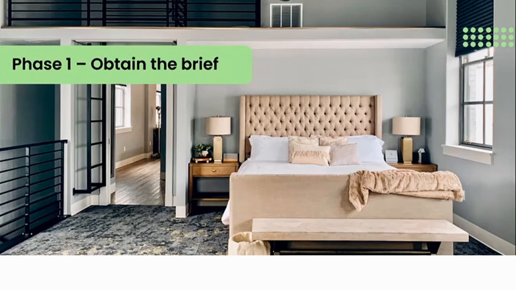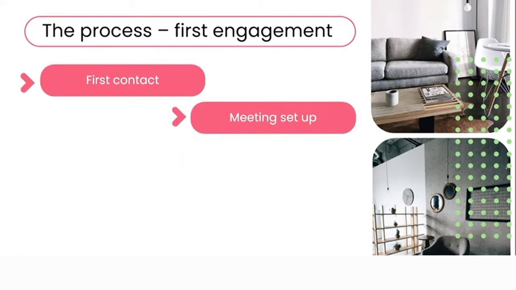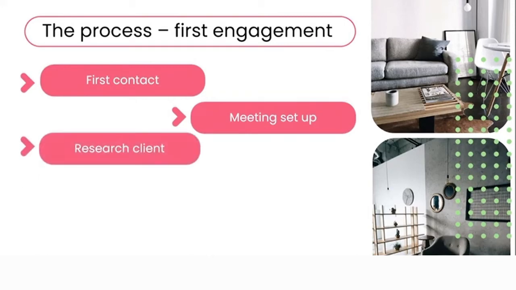The design brief process generally starts off as the client makes contact with the design firm or the designer. The client may have been referred to you by someone that they know, or they may have seen work that you've completed. Your next step as a designer is to set up your meeting with your client to discuss and review the project detail. You would then research the client and prepare for your meeting.